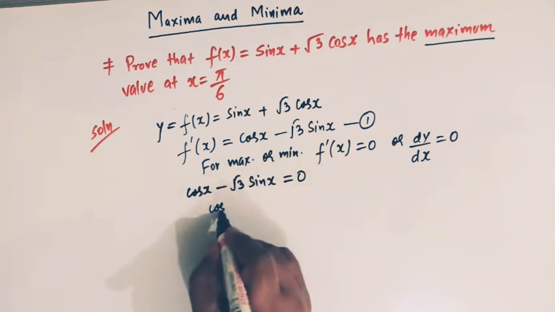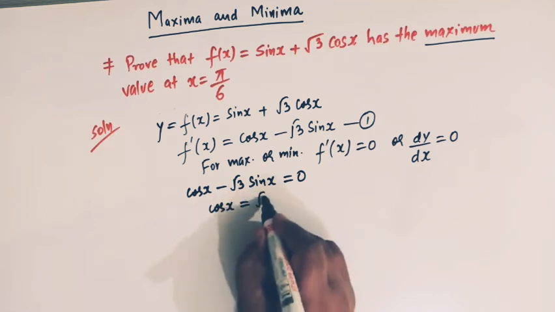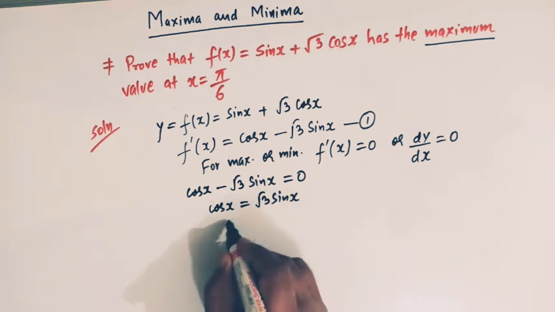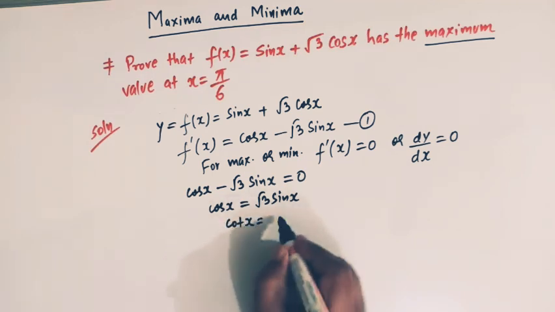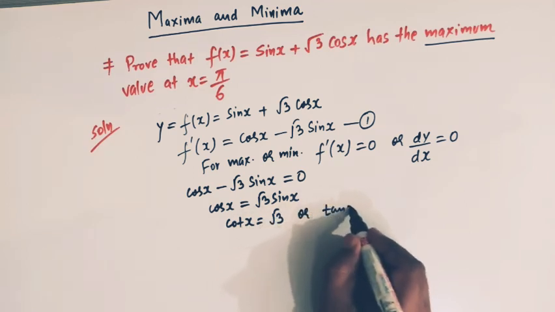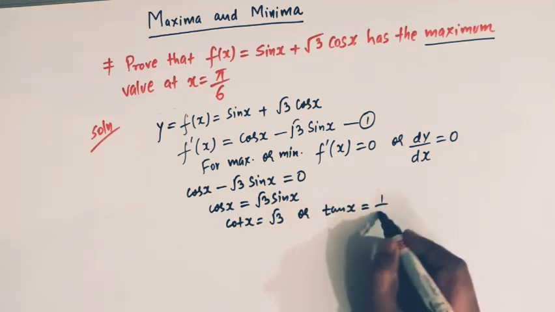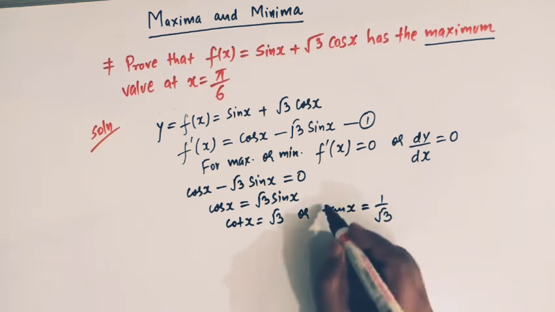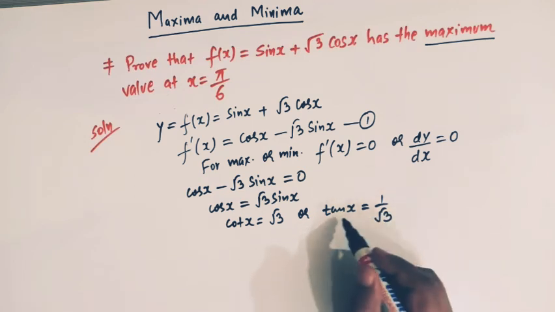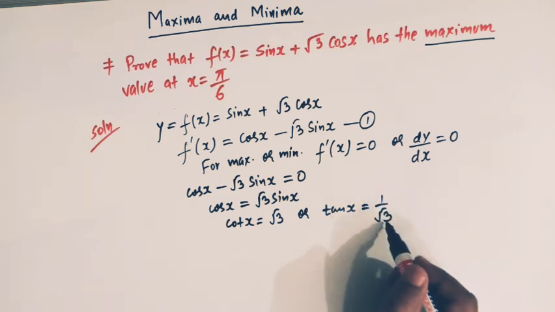So we have cos x equal to root 3 sin x, and now this becomes cot x is equal to root 3, or tan x is equal to 1 over root 3, right?